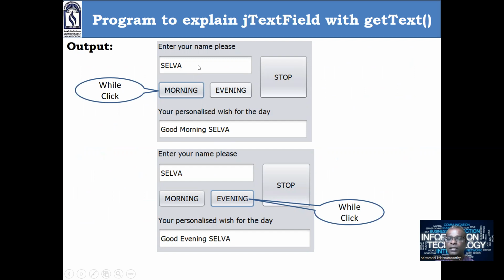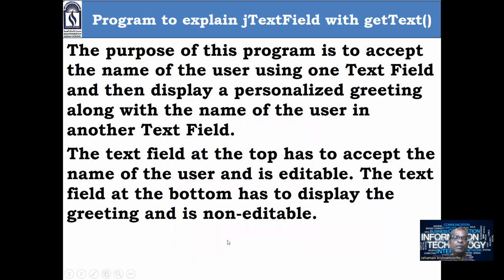If I type Sarika here, and once I click this morning button, good morning, Sarika needs to display. That means this is text field 1, text field 2. Similarly, if I click this button, evening, it should display good evening, Selva. Is it fine? This is what I need to explain.